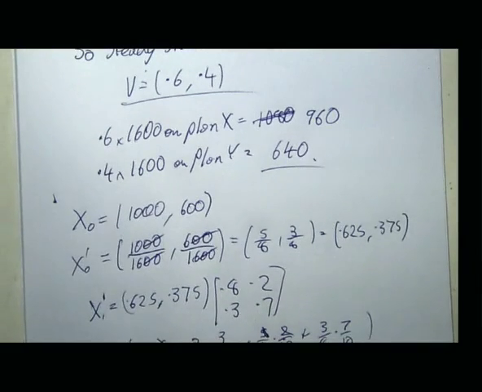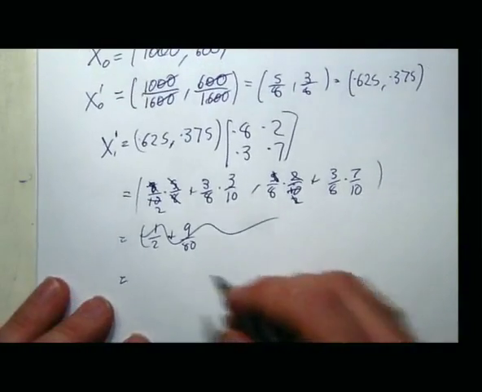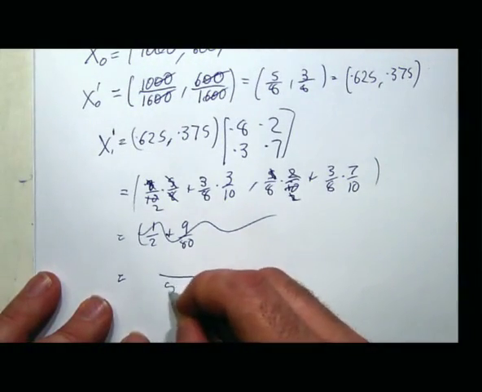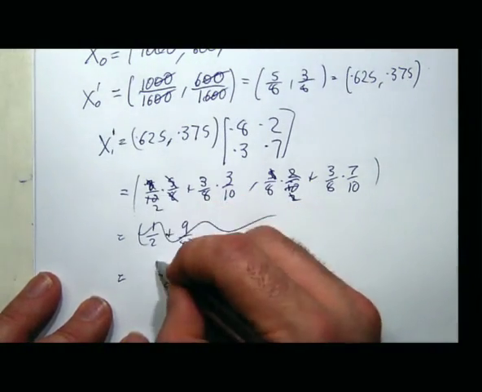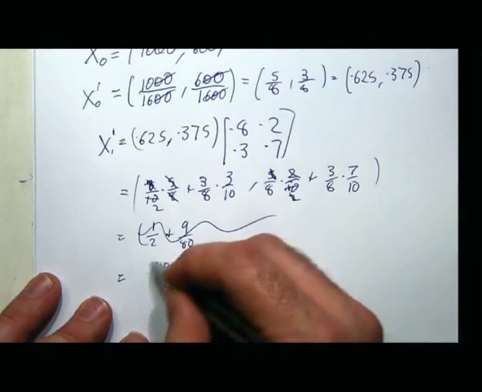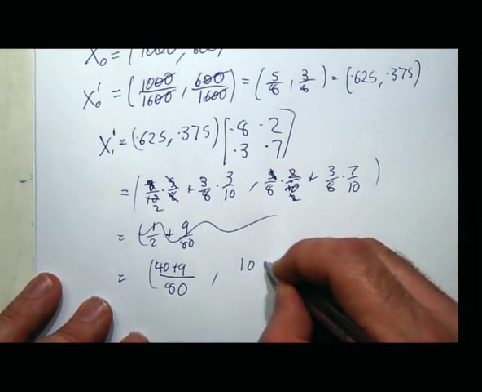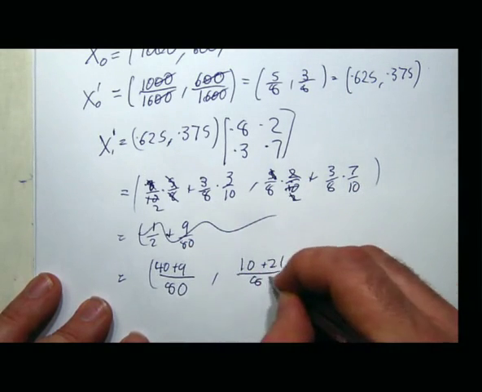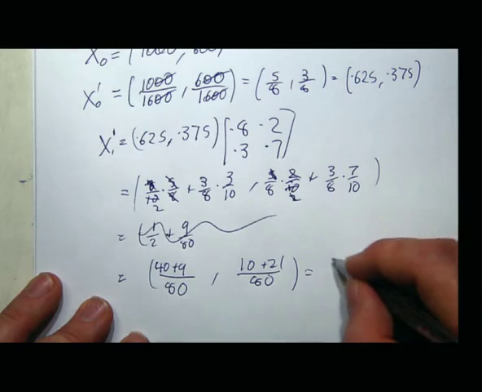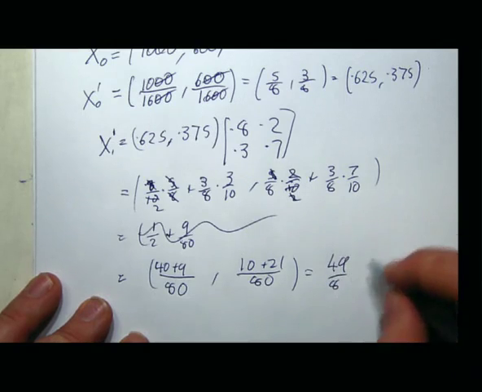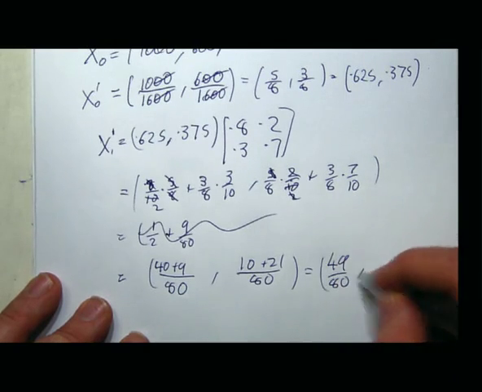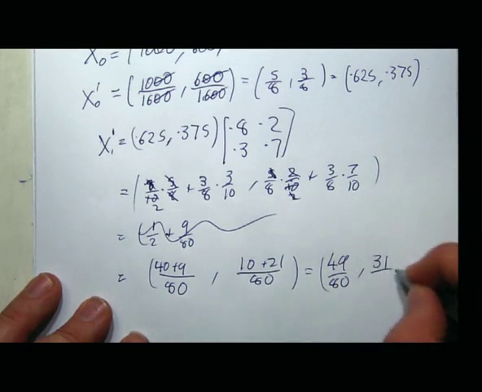Scrap that plan. What we're going to do is write this as something on 80. So that's going to be 40 plus 9. And this is going to be 10 plus 21 on 80. So 49 on 80. 31 on 80.